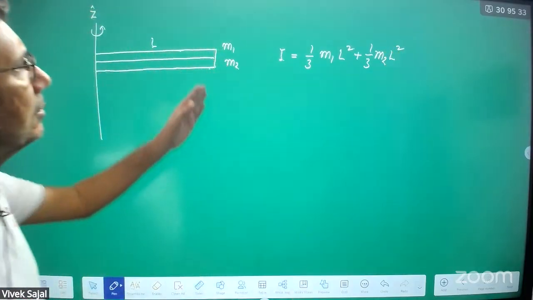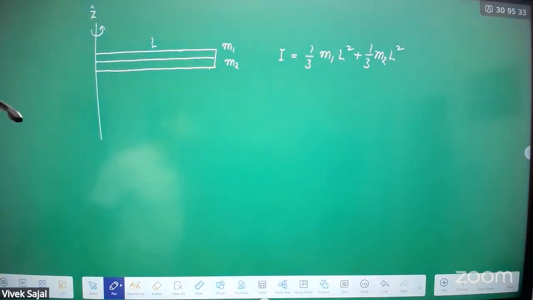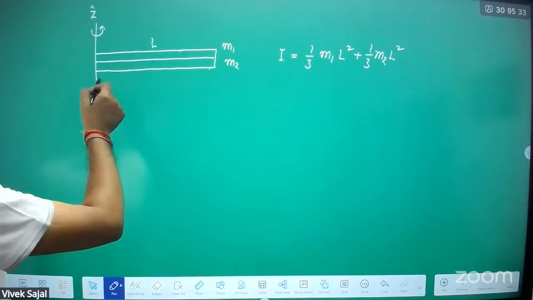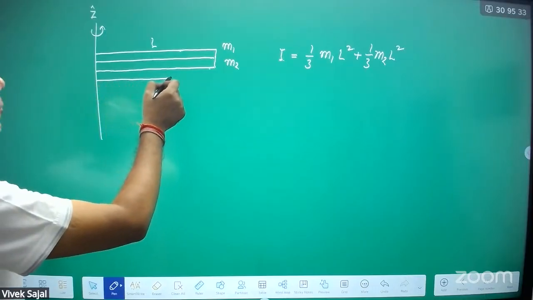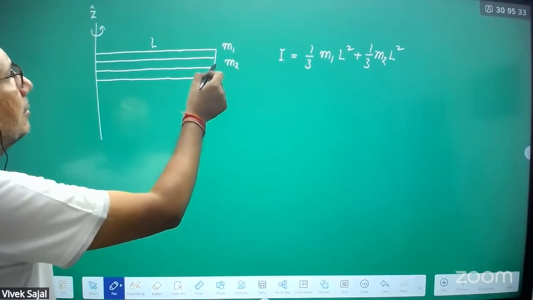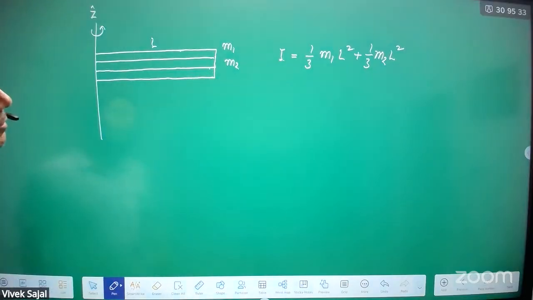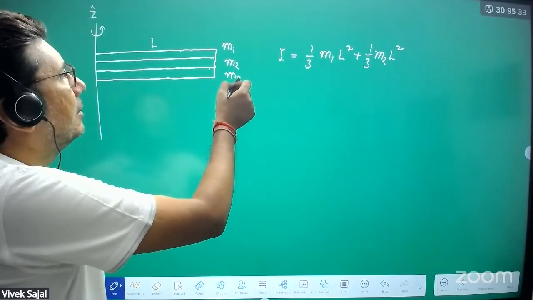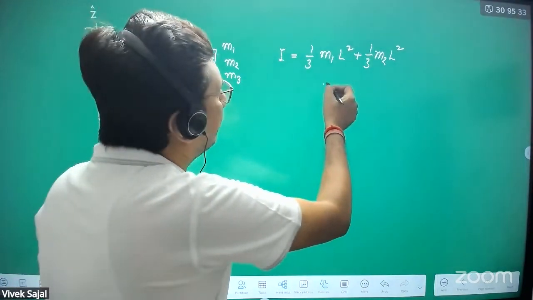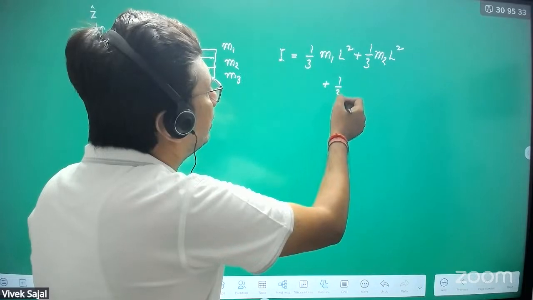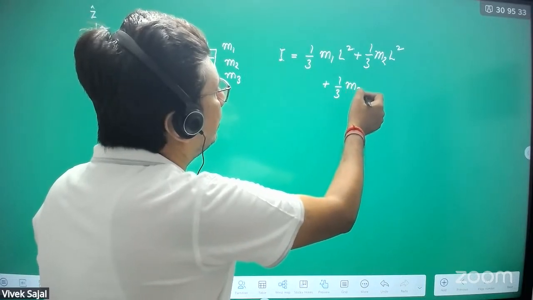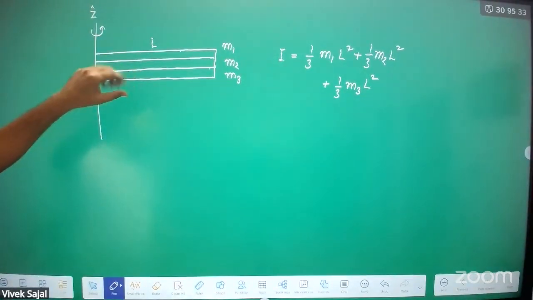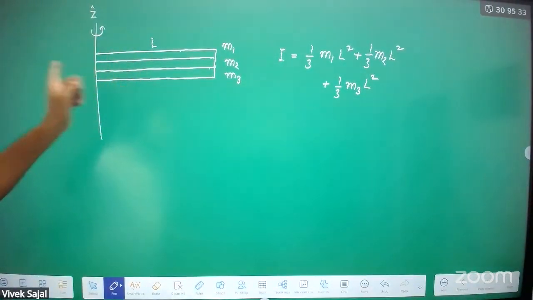You can even choose identical rods. Another uniform rod with mass M3: plus 1 by 3 M3 L square. This is the moment of inertia of these three rods attached together, rotating about this axis.